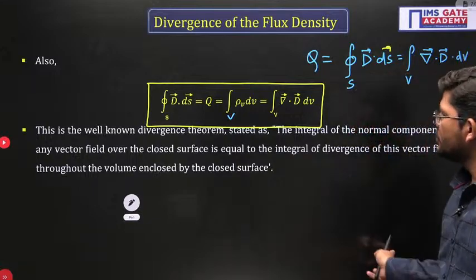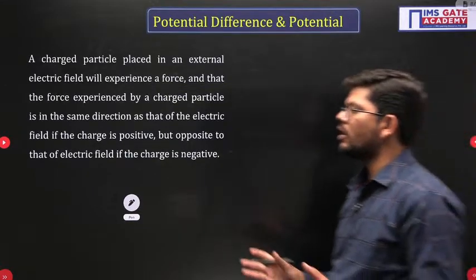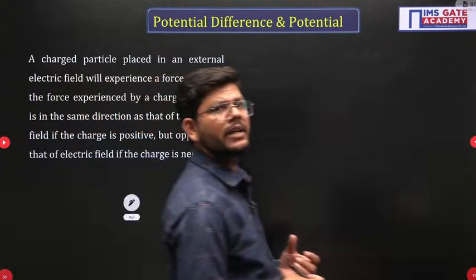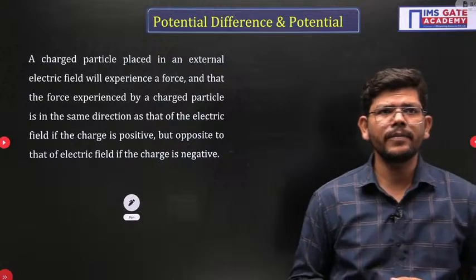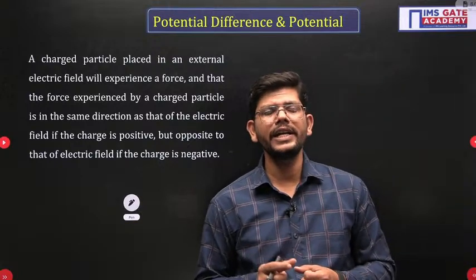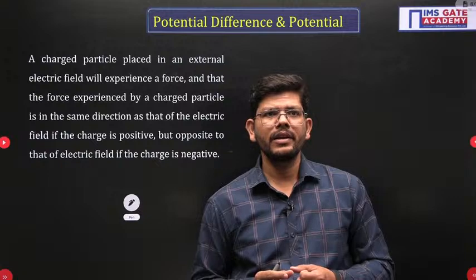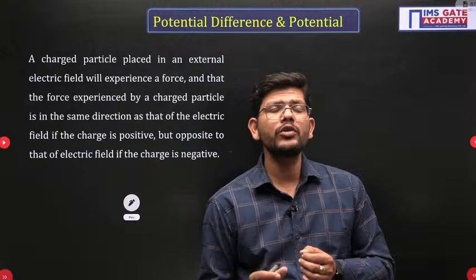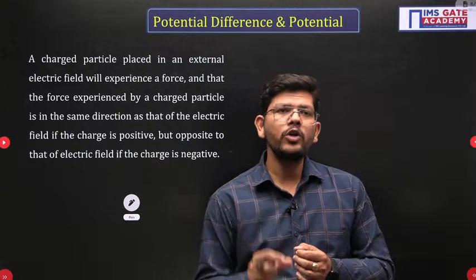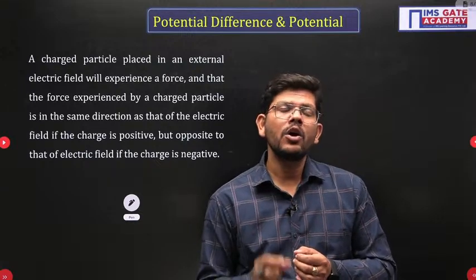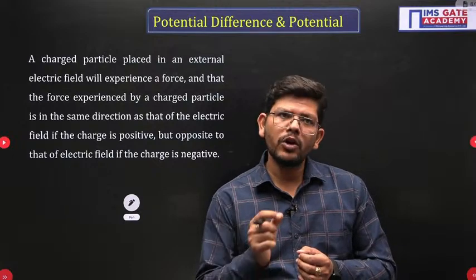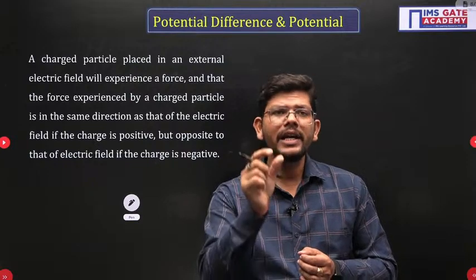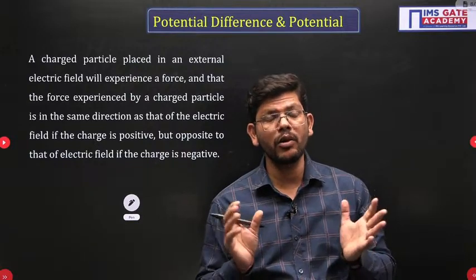Okay. So this is what we have learned in Gauss theorem, and as per the consequences we can also draw these consequences: the surface integral D dot dS, meaning the surface integral of any vector field along the closed surface, equals the charge enclosed, which is also equal to the volume integral of rho v dv, or also equal to the volume integral of del dot D, the divergence of that vector field evaluated around the volume.